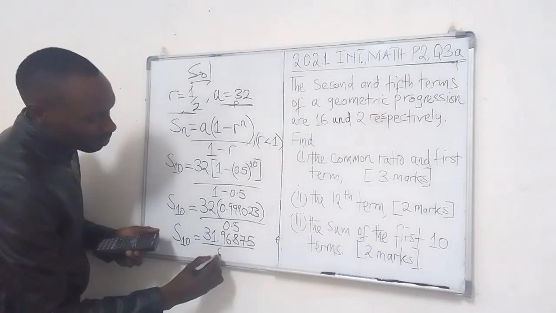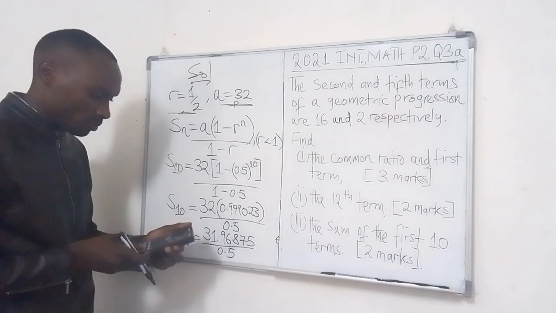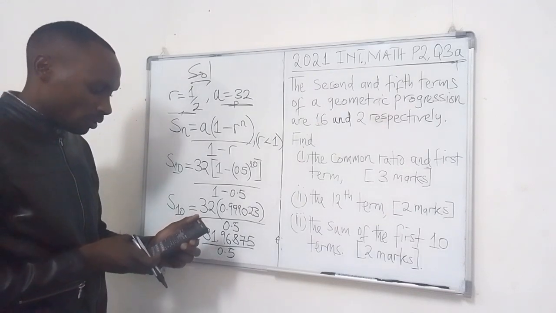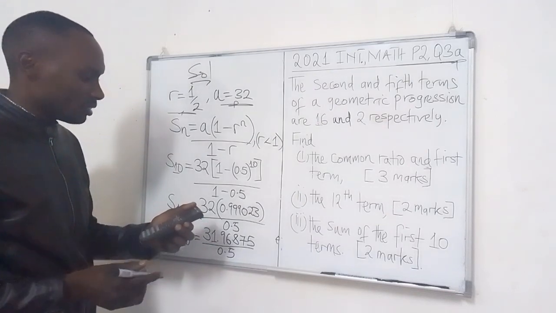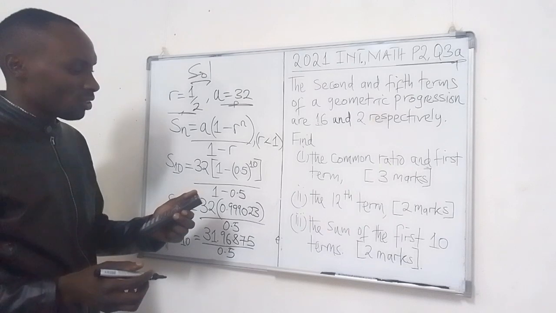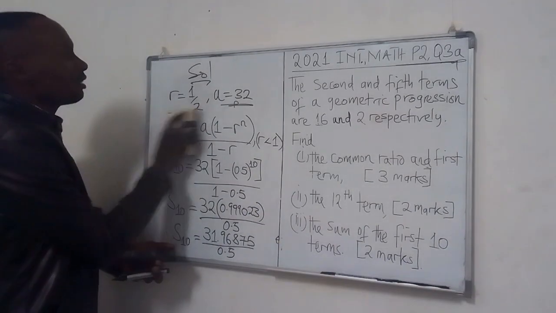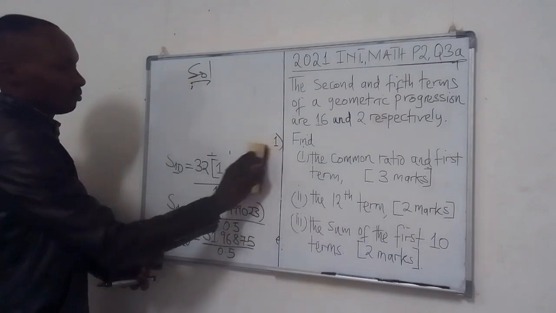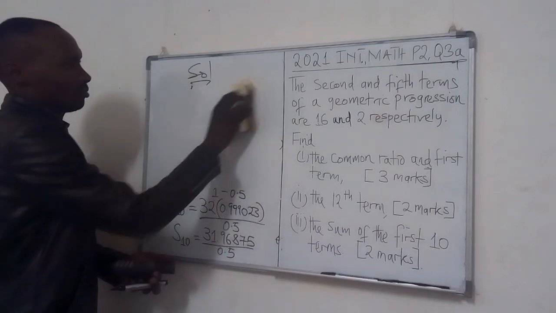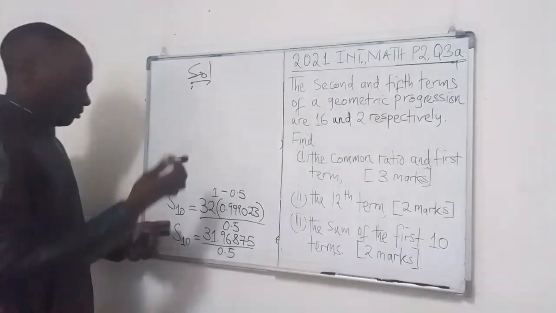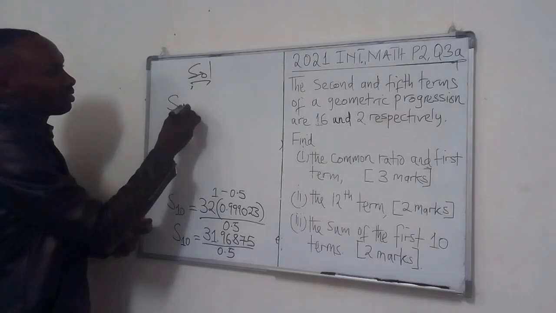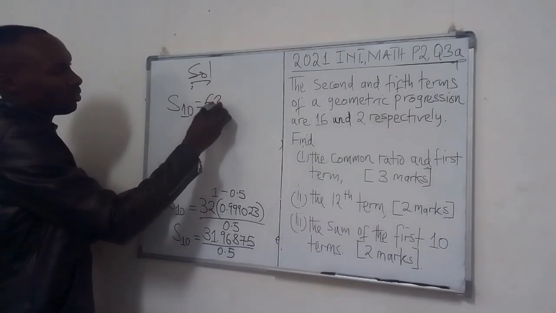Then over 0.5, so divide by 0.5, what I'm getting is 63.9375. So S10 is equal to 63.9375.